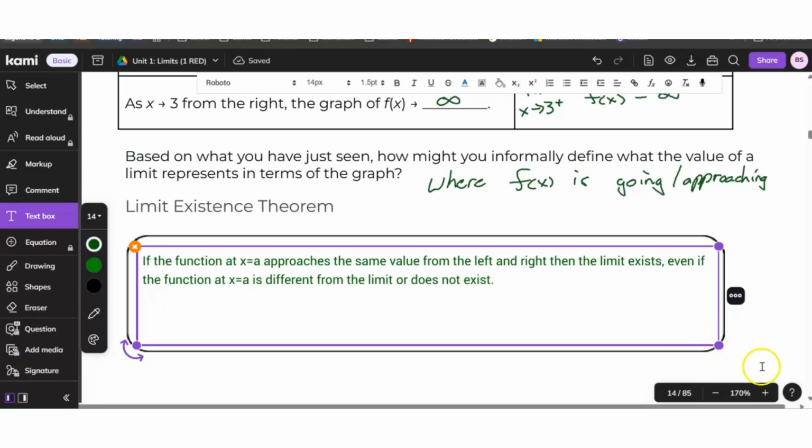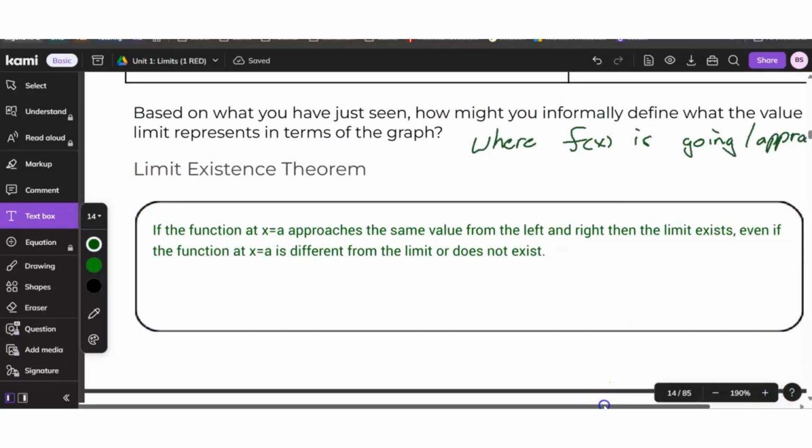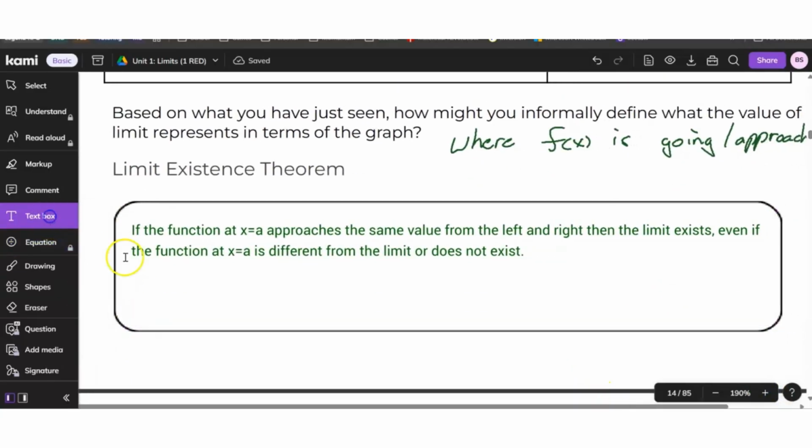So I'll let you write that. I know it's long, but if you read it and think about it, it makes sense.